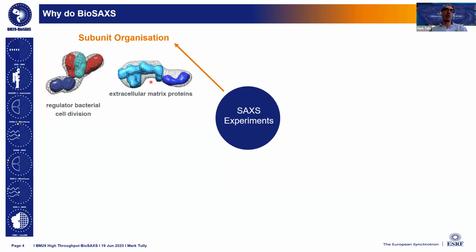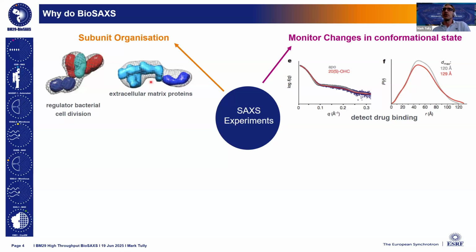So we can actually look at more full-length proteins where there may be some flexibility in the system. We can measure changes in conformational state. So here we have, this is actually a GPCR, and we've added a ligand, and so we can actually see a change in the SAXS curve on the addition of this ligand.